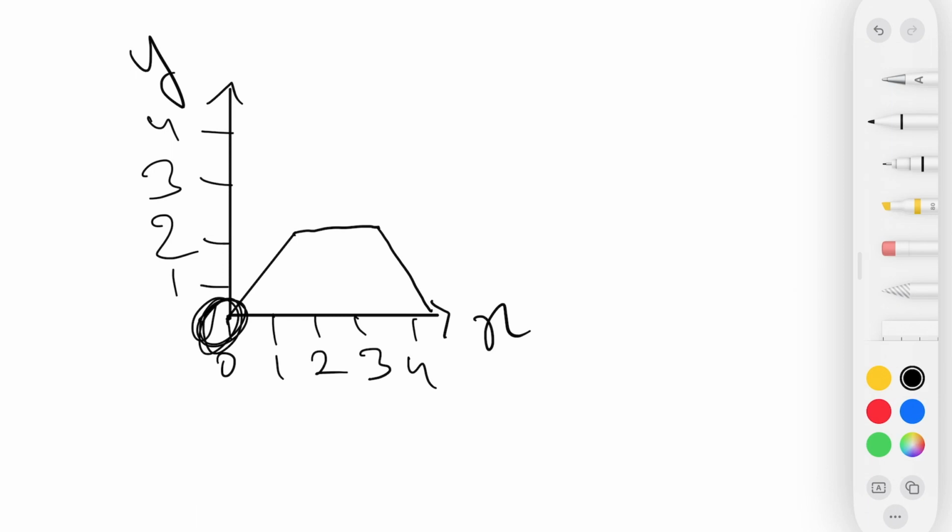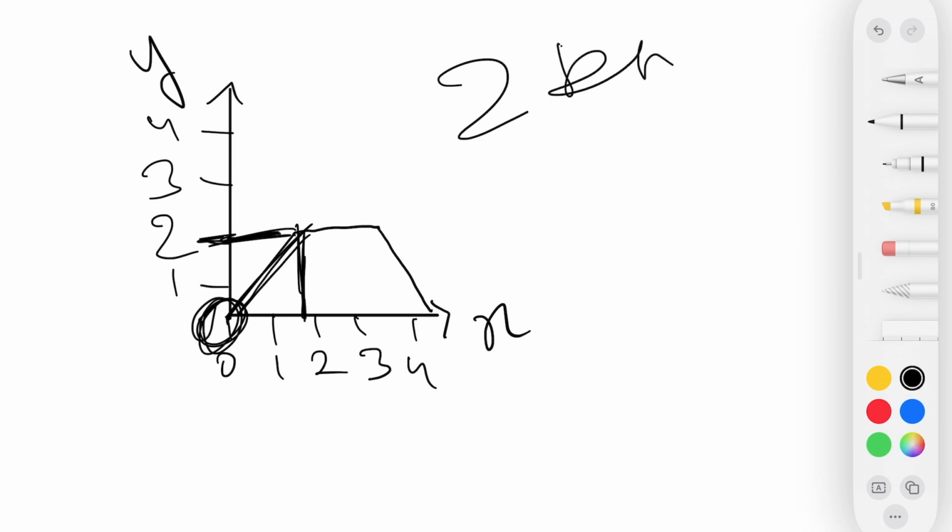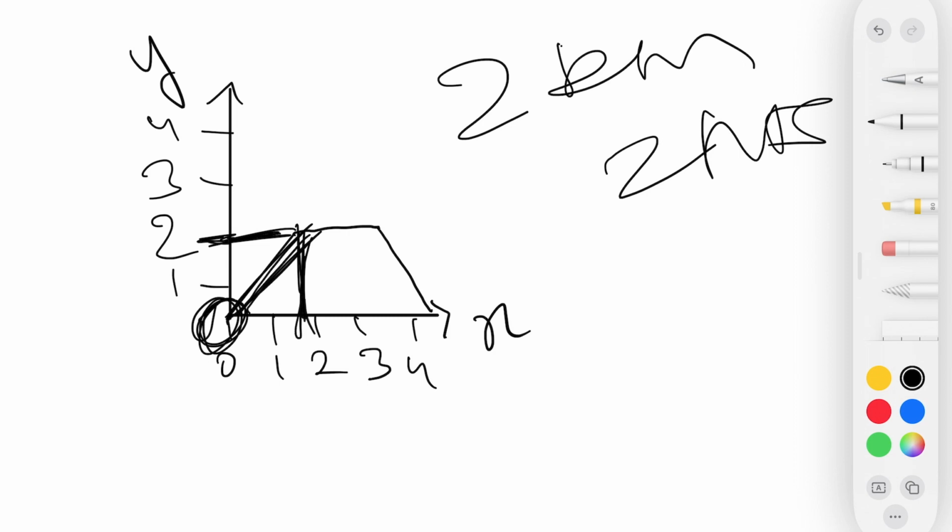From here, I'm so sorry guys. Let's take it that it is 2 kilometers, right? And that the person first covered 2 kilometers in 2 hours, okay?